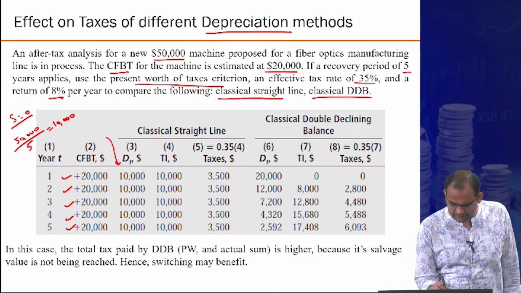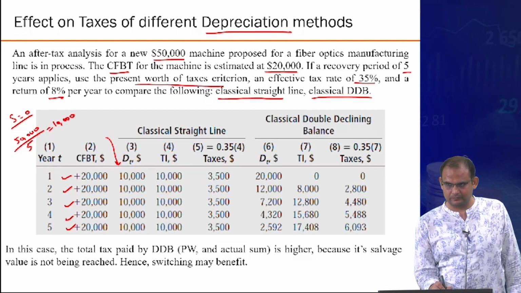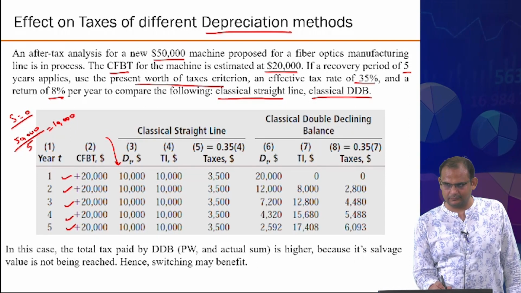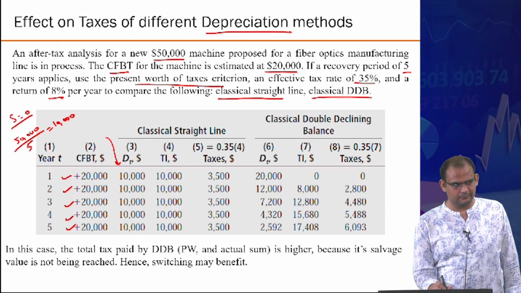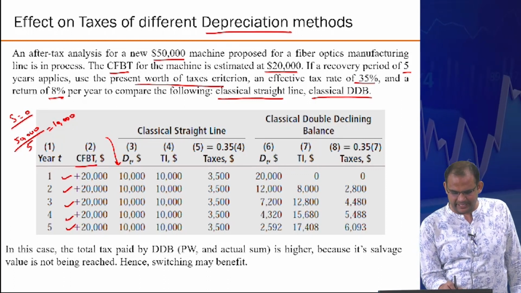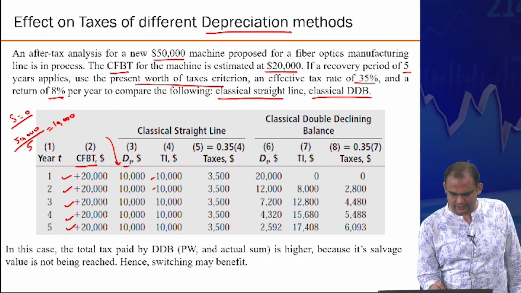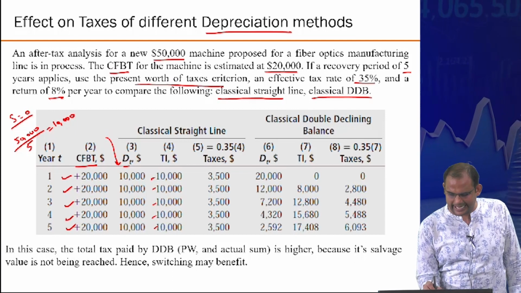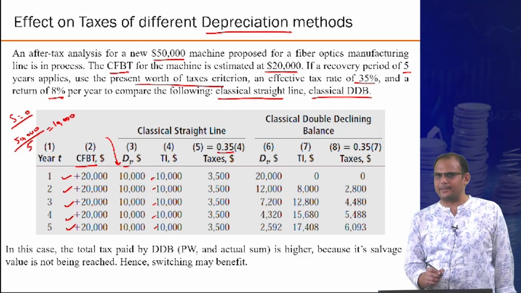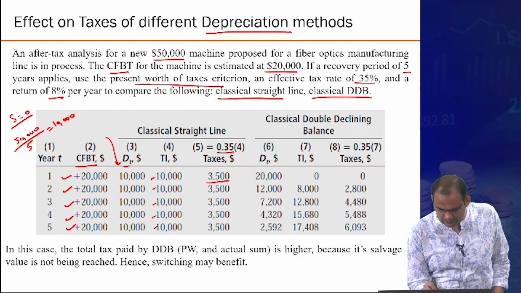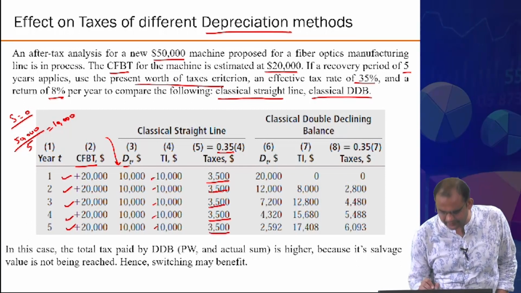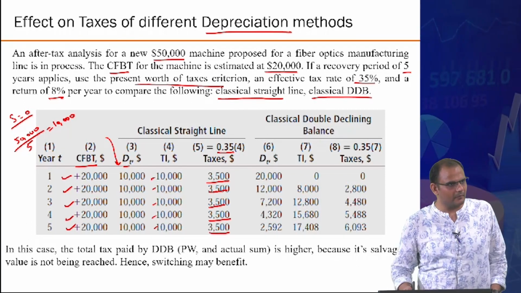Taxable income is CFBT minus DT, so this also becomes $10,000. The tax rate is given to be 35% uniform. So, the actual tax amount that you are paying is $3,500 uniformly, right?